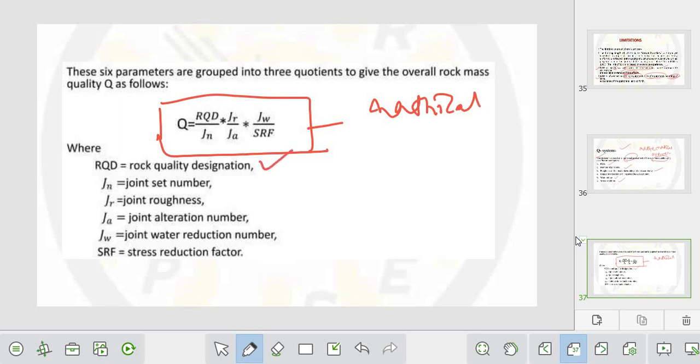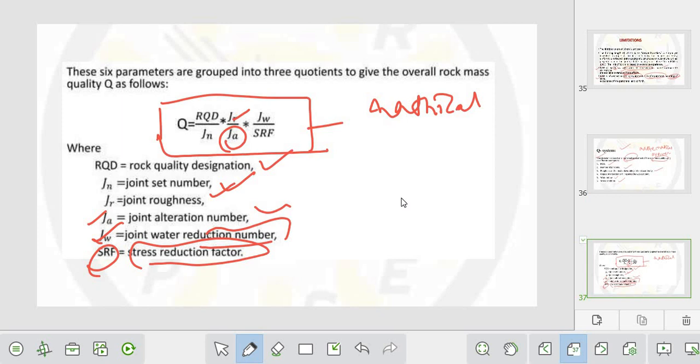This you should remember. So this is the mathematical expression for the calculation of the Q. So this is the rock quality designation, joint set number is there, JR का मतलब joint roughness होता है, and in the denominator, joint alteration number. Okay, and JW will be the joint water reduction number, SRF will be the stress reduction factor. So this should be memorized for the time being. I'll not cover in detail कि joint set number क्या होता है, joint roughness.